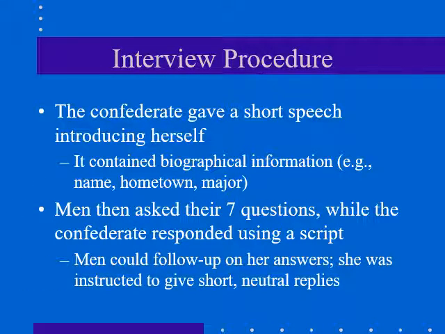And then our guys asked their 7 questions while the Confederate responded using a script. So the Confederate had to memorize responses to 14 questions, and that's how we standardized the interview behaviors across our female Confederates and across our male participants. Now, the men could follow up on her answers, and if they did, she was instructed to give short, neutral replies.